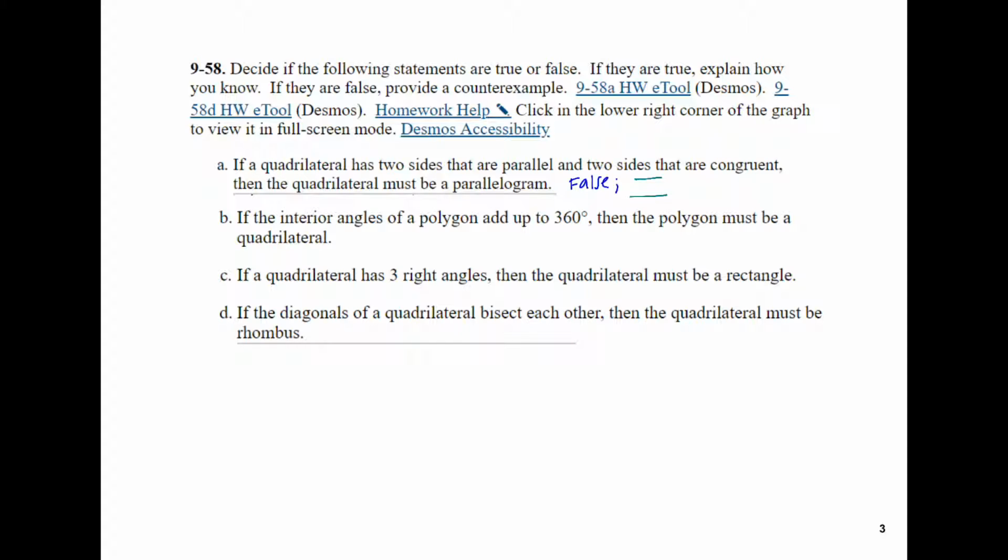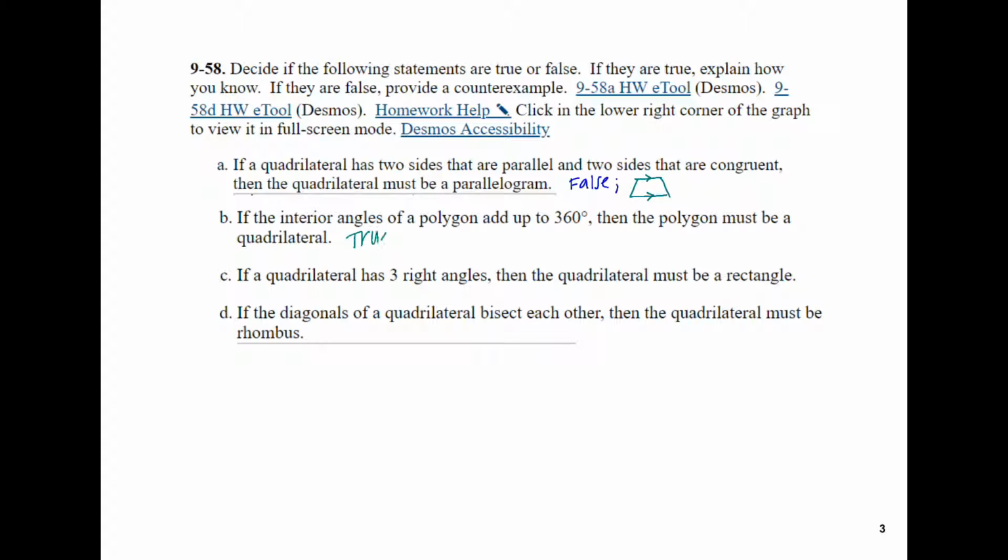has parallel sides and 2 sides that are congruent, which is not a parallelogram. Letter B says, if the interior angles of a polygon add up to 360 degrees, then the polygon must be a quadrilateral.